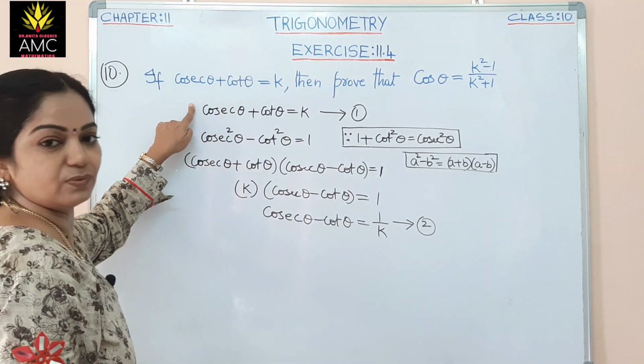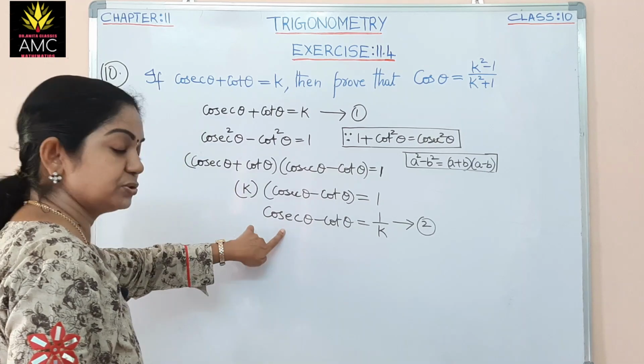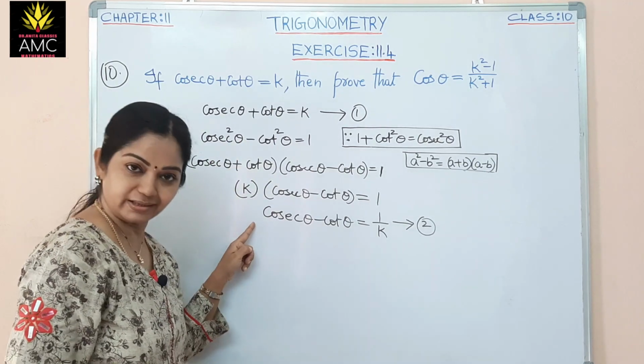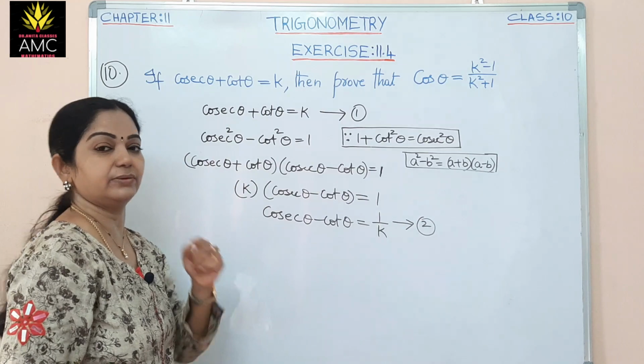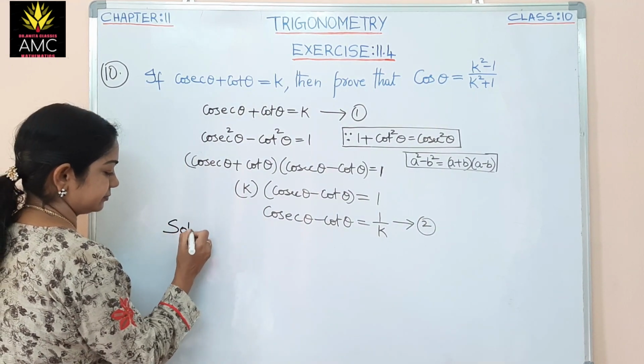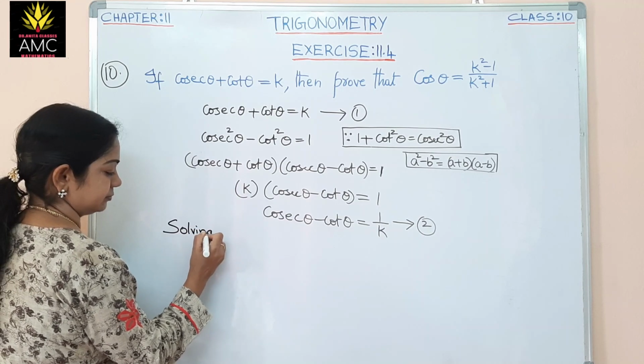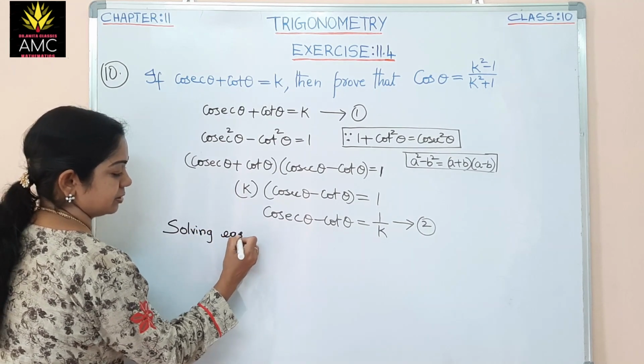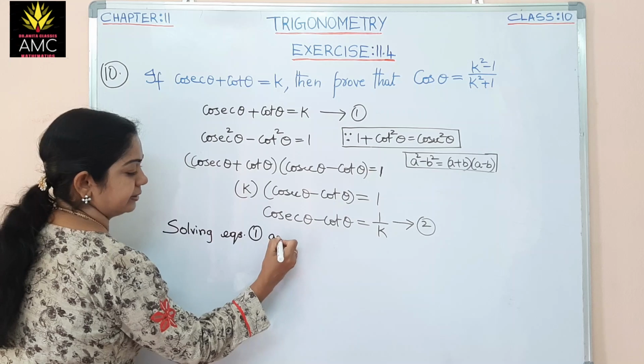Now, see here, equation 1 is the given thing, and equation 2 I got from the third identity. Now we will solve both these equations, 1 and 2.